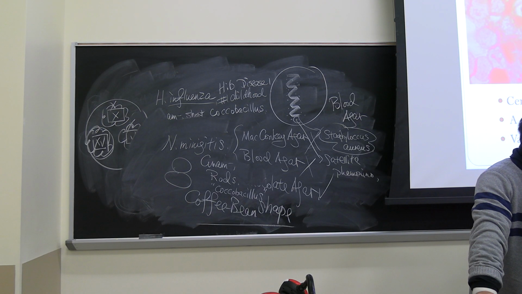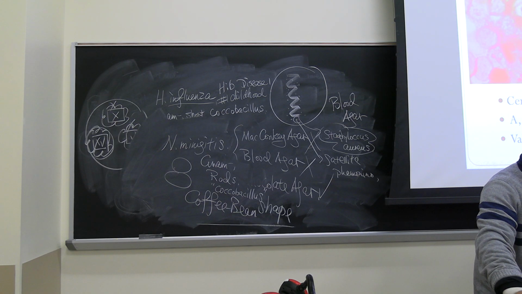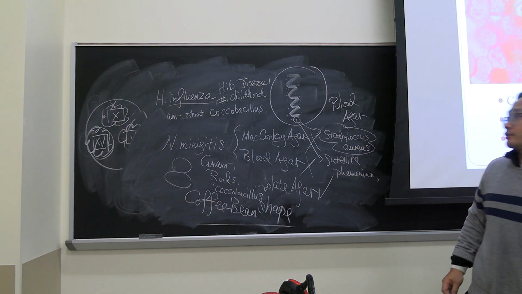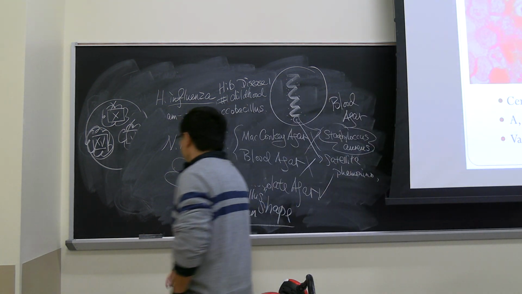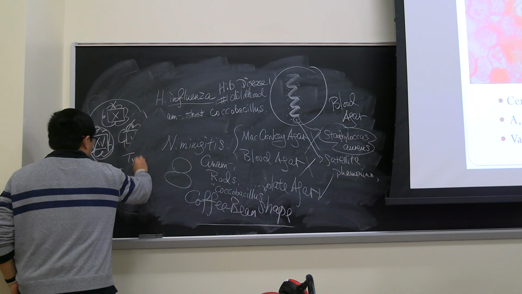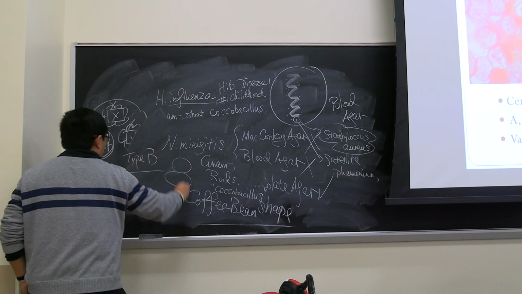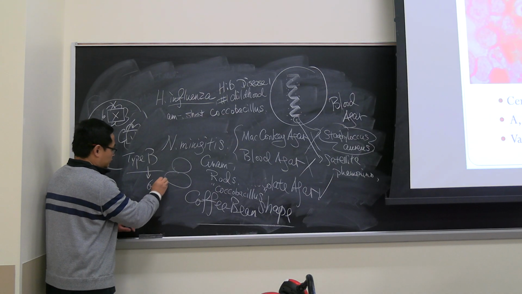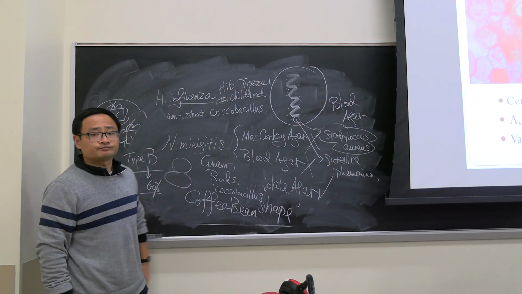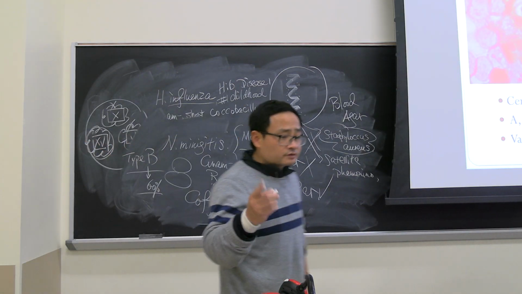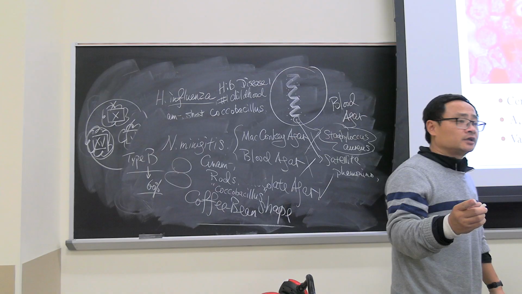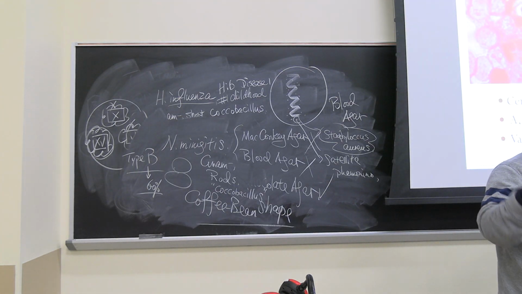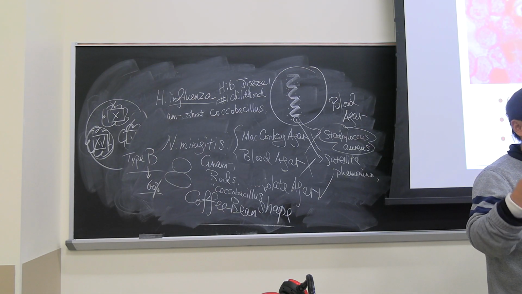So, in the United States, the serotypes are A, B, C, Y, W135. There is a story behind it. Type B is responsible for 60% of the cases in the United States. We talked about how vaccines can effectively prevent those infectious diseases.